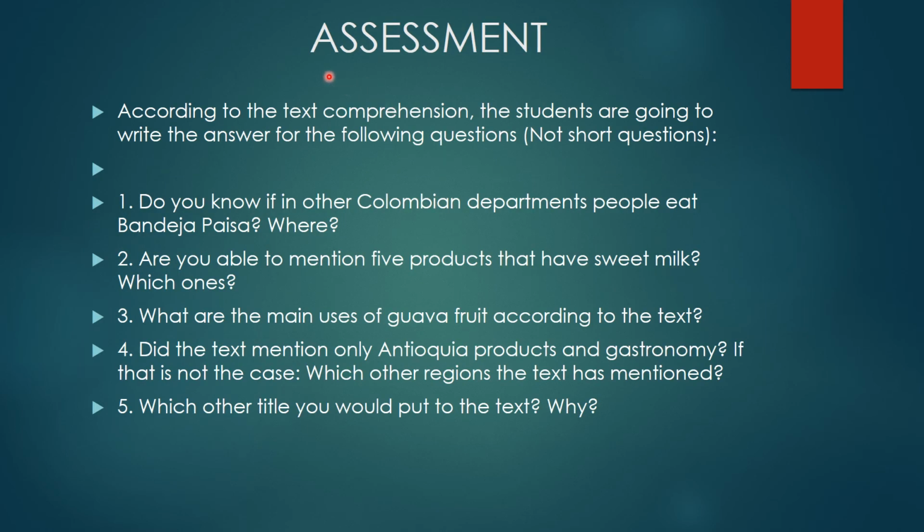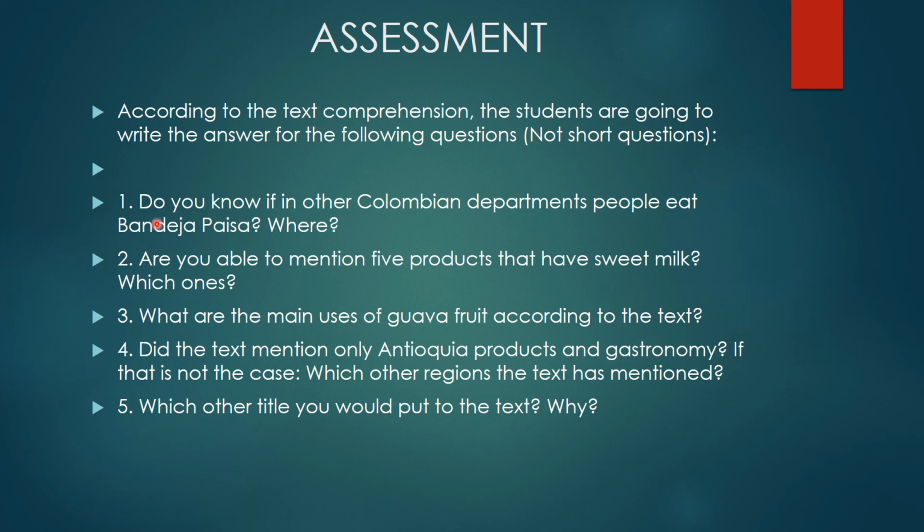The last part of this activity is the assessment. In this assessment we are going to test the students' previous knowledge about each one of the activities done in this class. According to the test comprehension, the students are going to write answers to the following questions, not short answers.